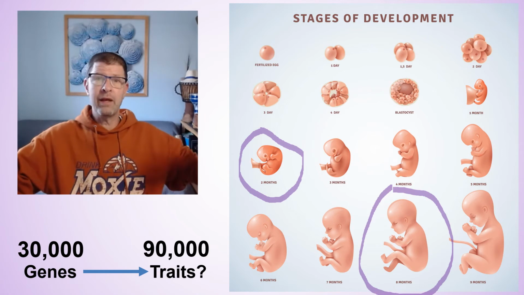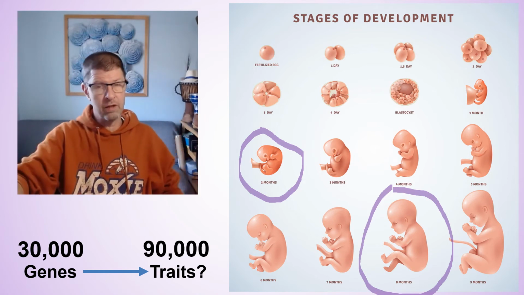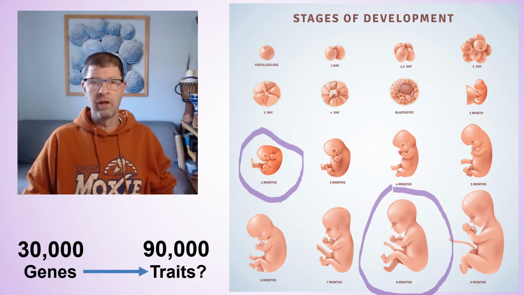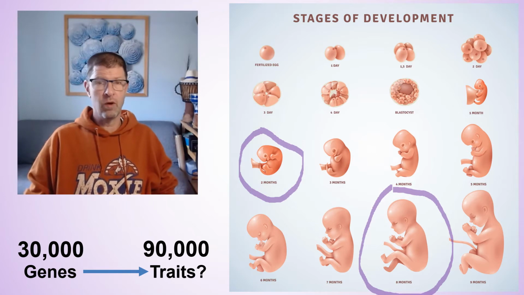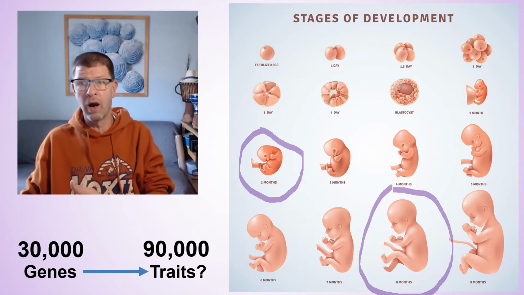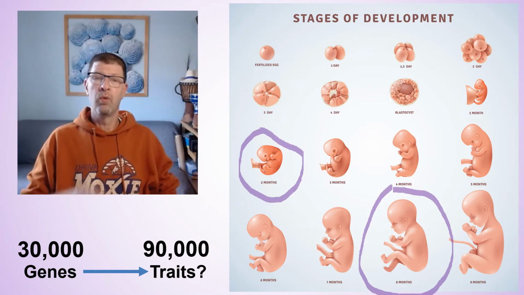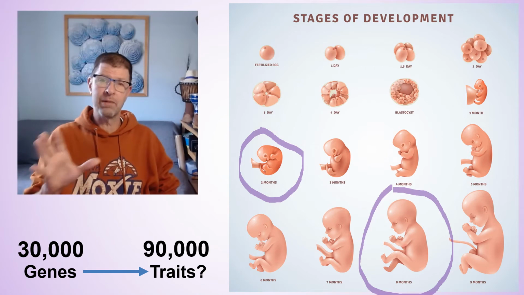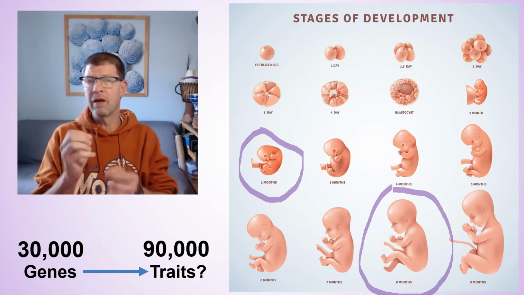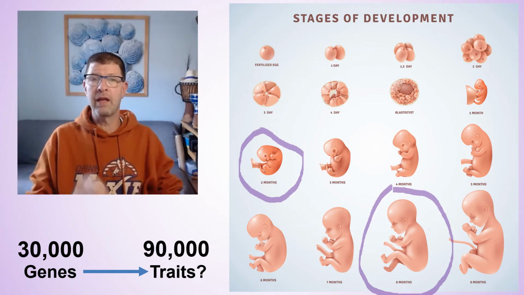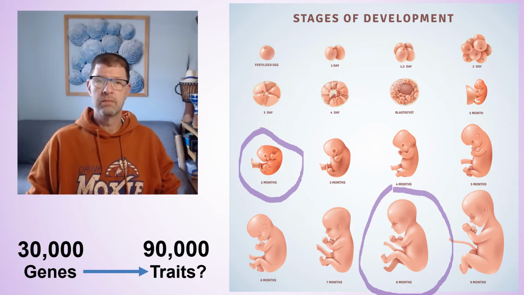The genes that are being expressed in my body right now certainly aren't the same ones that were being expressed when I was going through this process. So where the cells are makes a difference, and when they are in the development of the organism makes a huge difference. We really have to understand the complexity that can come about because of these regulation and expression issues.